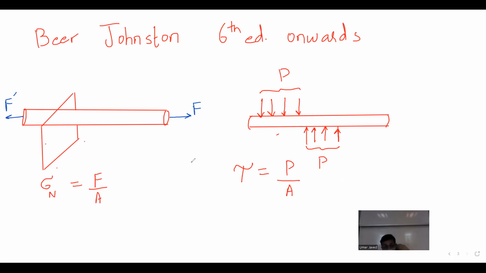Then I said, I have a beautiful steel plate, and on that steel plate I'm putting a circular rod, and I'm putting a load on this circular rod. A few students asked, what is happening right at the intersection?